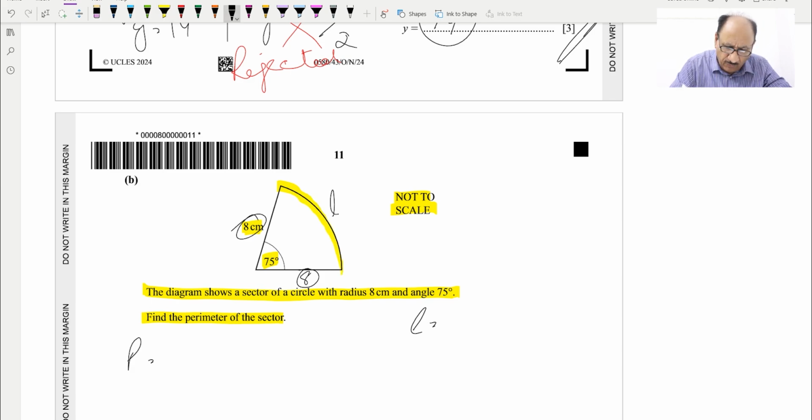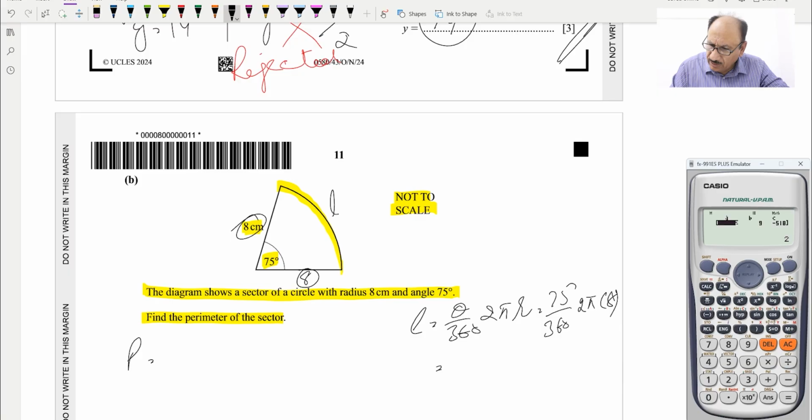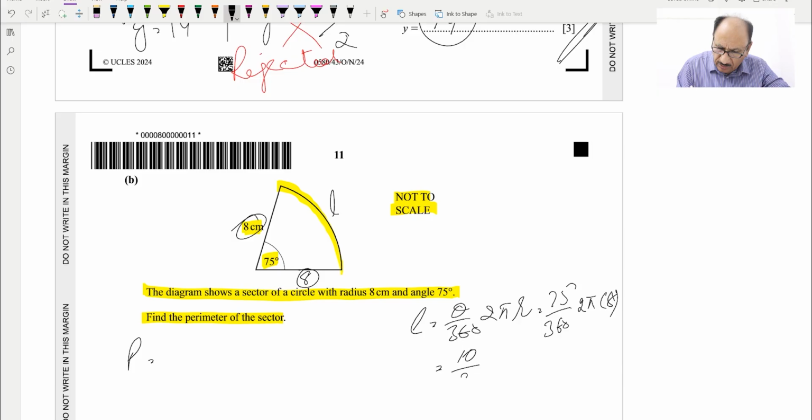We will find it by the formula theta over 360 into 2 pi r, and theta is 75, so 75 over 360 into 2 pi, and r is 8. We replace the values and we will get the answer, which is 10 by 3 pi. So I will take the exact value in terms of pi, and this one is the L value.